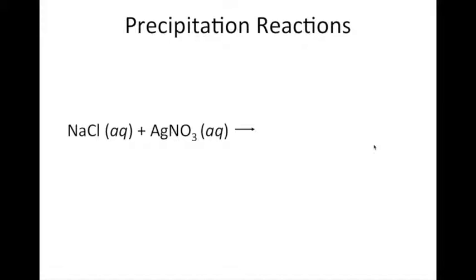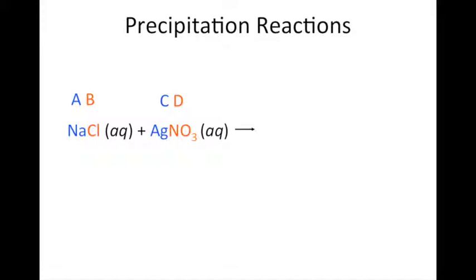So take a look at these two reactants, sodium chloride, aqueous or soluble, and silver nitrate, which is soluble. Let's see if you can predict what the products would be for this double displacement reaction.